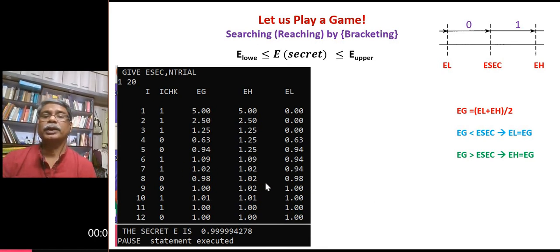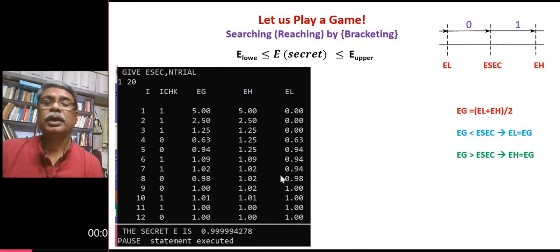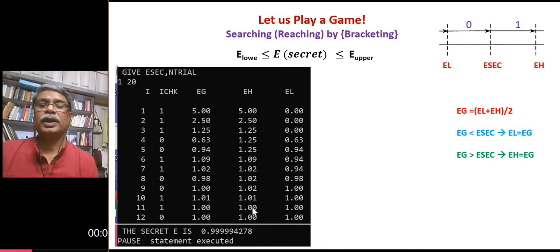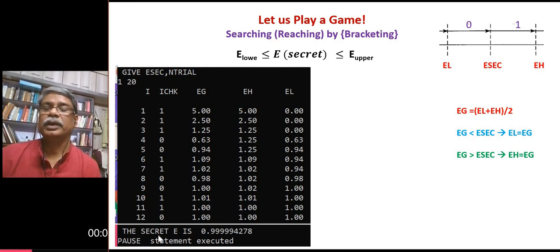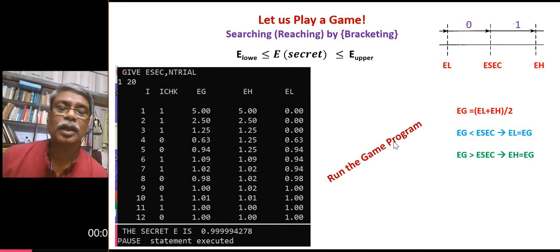And it goes on like this, and you see that gradually EL and EH are approaching each other, and finally they are the same, exactly 1.1, 1.1. So there is no point to give the cycles any more run, because already you have got the converged value, and it finally gives the E-sec or secret E value as 0.9999, that means 1, and that I gave the number 1. So it's an interesting, beautiful game.